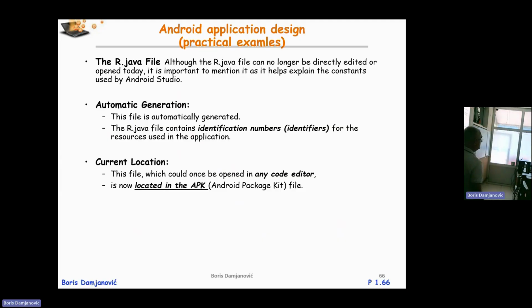As the introduction, I must only mention the r.java file. That file is not visible. In earlier versions of Android, it was clearly visible, easily accessed from Eclipse or from Android Studio. Now it is not.